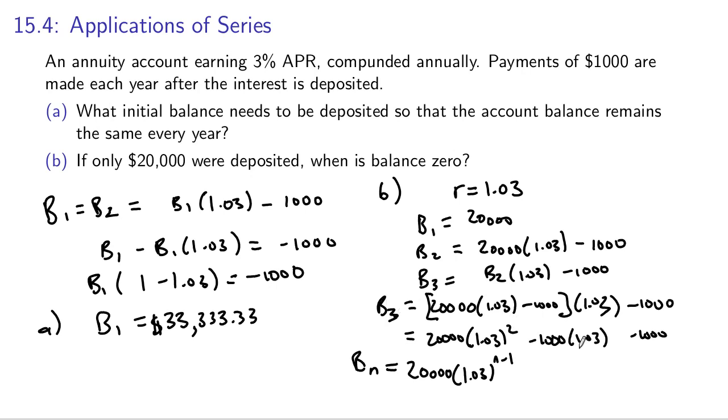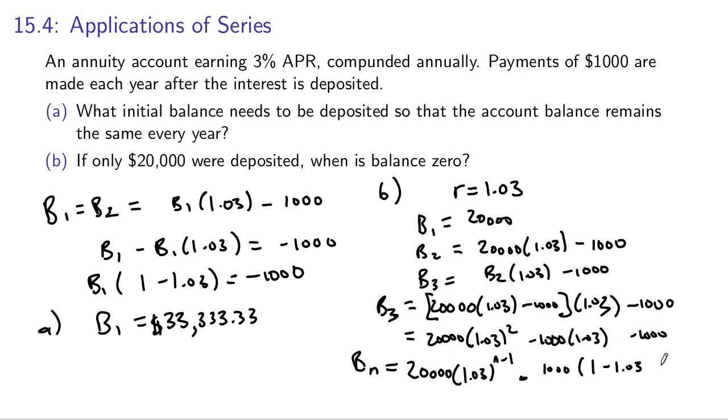Then we have this geometric part, which is like having 1,000 to start with, and our ratio is 1.03. At Bn, we've only been able to have n minus 1 that we've taken out.